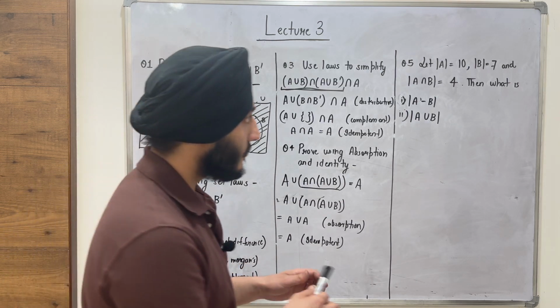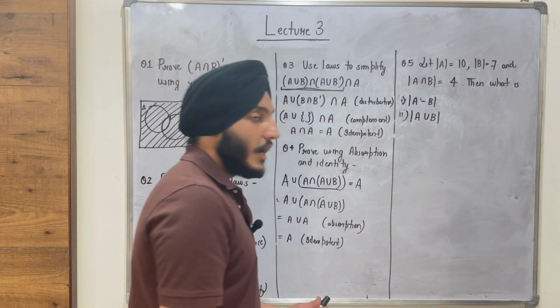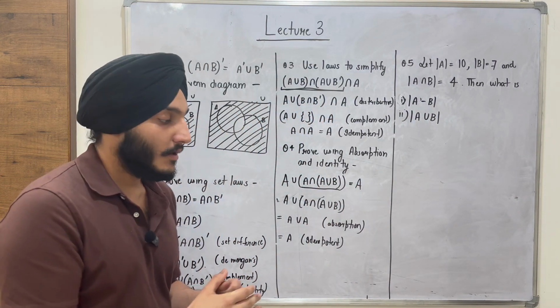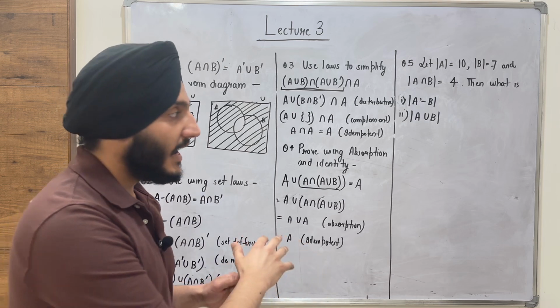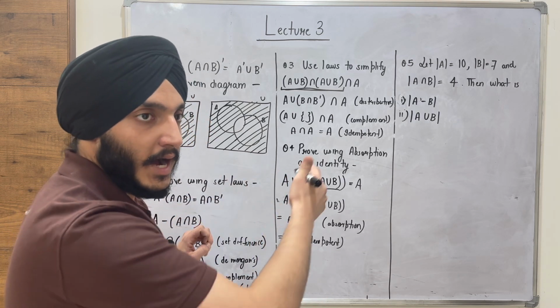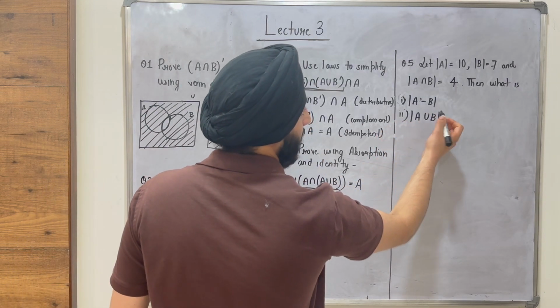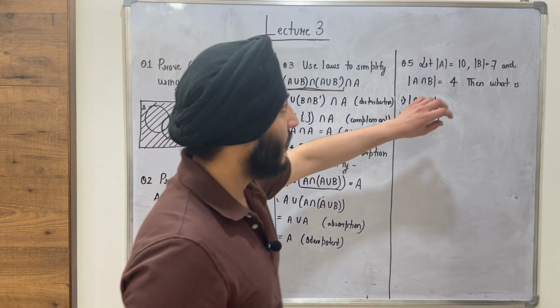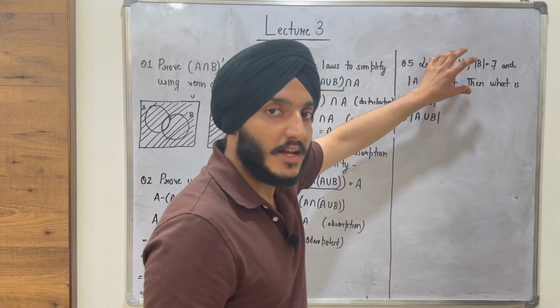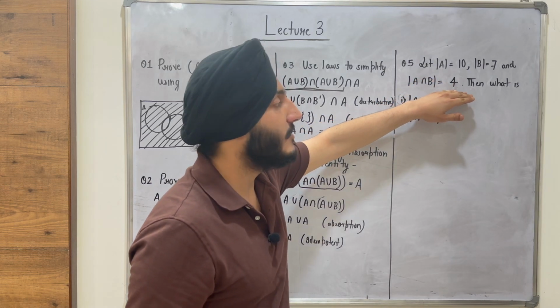So I need to figure out what is the cardinality of A minus B. If you remember the set difference, right? A minus B or A difference B basically means that I take the set A, I pluck out all the values which are common in both the sets. Now from the question, we have already been given that A has 10 elements and A and B have 4 elements in common, right?